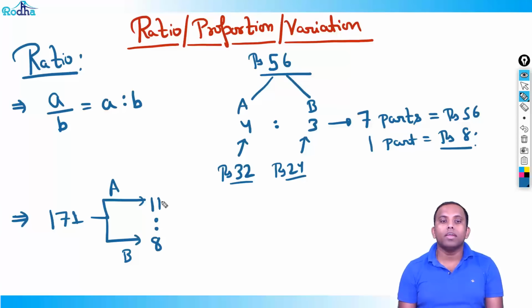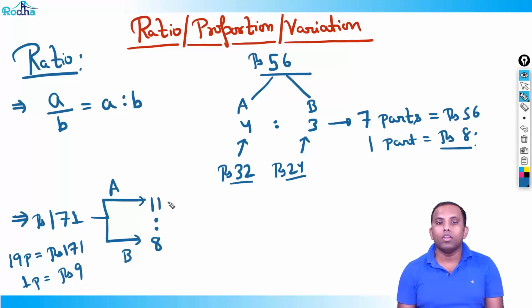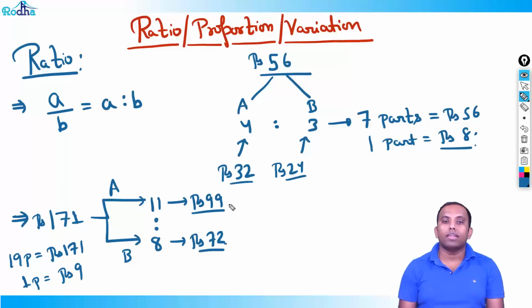Again same thing, total 11 plus 8, 19 parts is equal to rupees 171. So 19 nines are 171, that means one part is equal to rupees 9. So 11 parts is rupees 99 and 8 parts is rupees 72, 8 into 9 is 72, right? So 99 plus 72 is 171. This is the meaning of ratio.